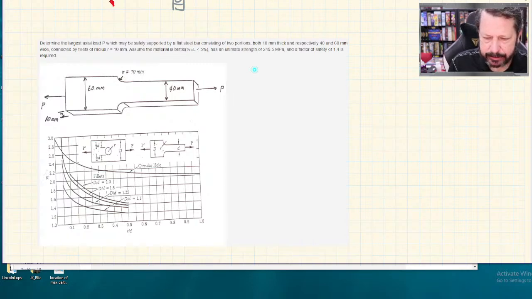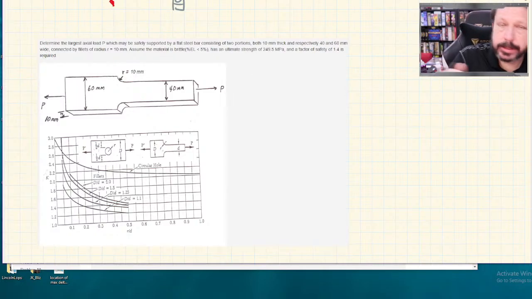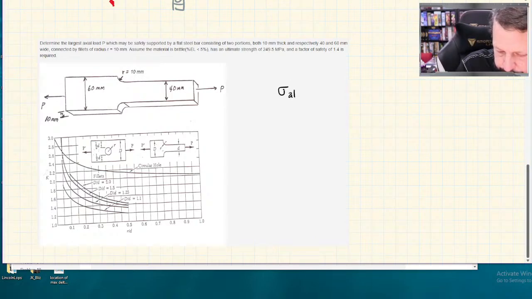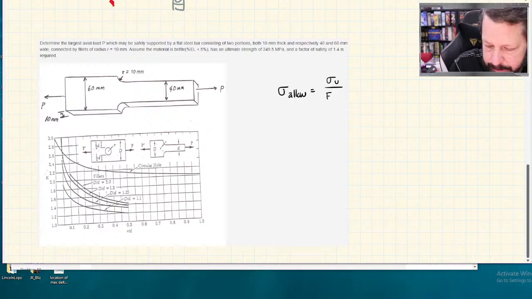We need a factor of safety of 1.4, and we've got some ultimate strength. So first thing, let's just find our allowable stress. So our allowable stress is in this case ultimate strength, sigma u, divided by our factor of safety. So 249.5 megapascals is the ultimate strength, and we're going to divide by 1.4.